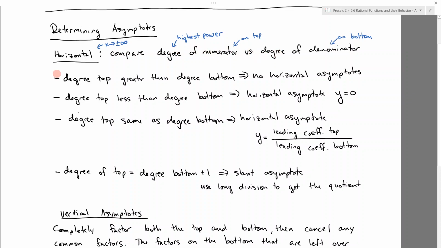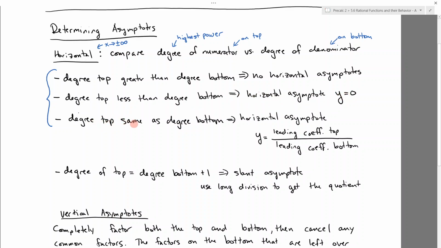Okay, so basically you just compare the highest power on the top and the bottom, whether the degree on the top is bigger than the degree on the bottom, smaller than, or the same, and then you determine the horizontal asymptote in these ways. If the degree on the top is bigger than the bottom, there's no horizontal asymptote. If the degree on the top is smaller than the degree on the bottom, the horizontal asymptote is y equals 0.